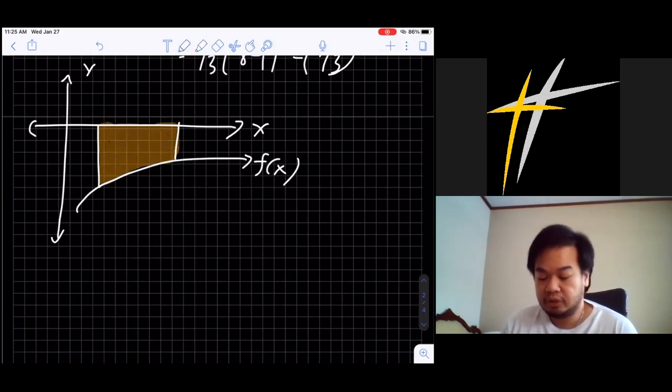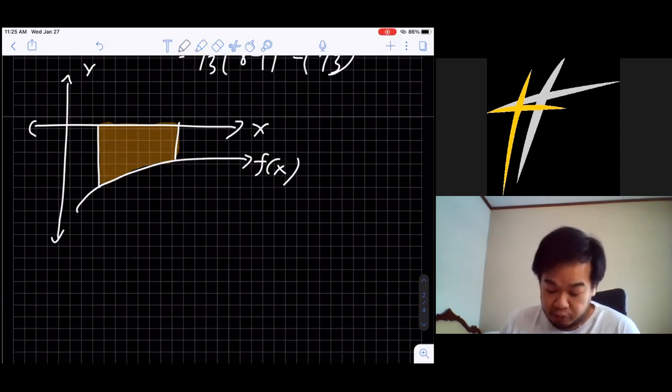Basically it's not the area below the graph, but the area above the graph. Why? Because actually f(x) is located below the x-axis.